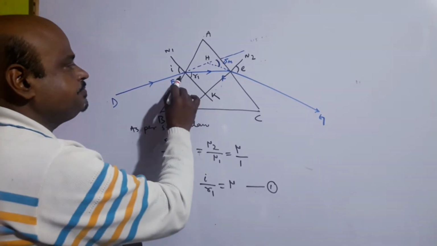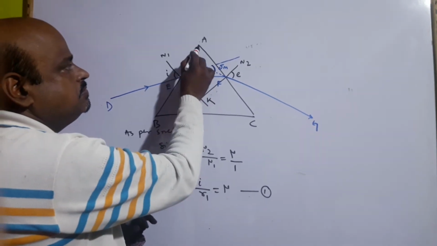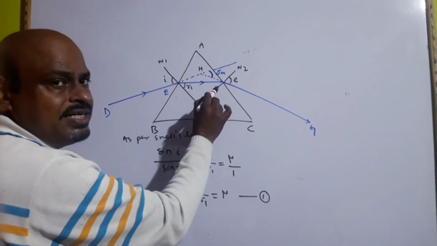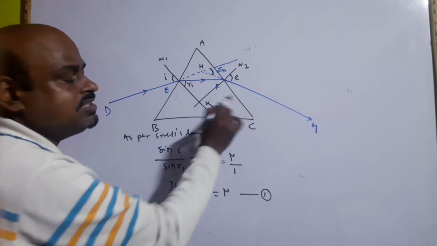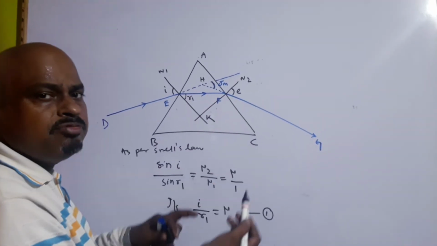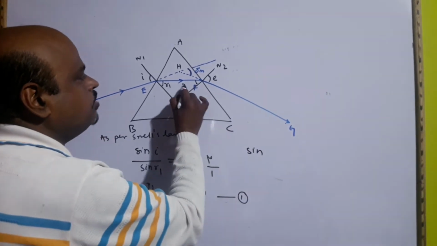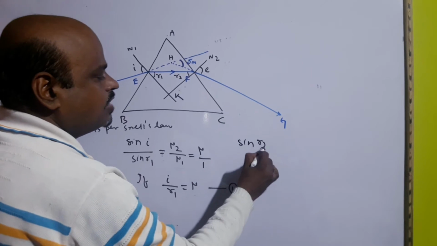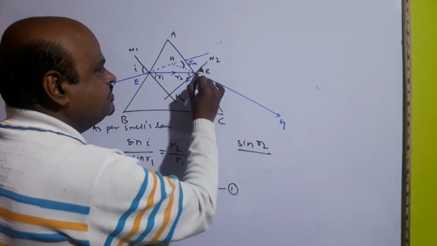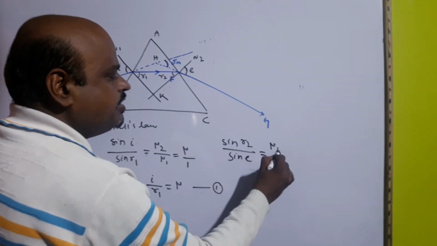Another incidence: EF is the incident ray. The refracted ray is taken as the incident ray at F. So at F, again we have to apply Snell's law. This angle is R2, and this angle is E. Sin R2 by sin E equal to mu2 by mu1.